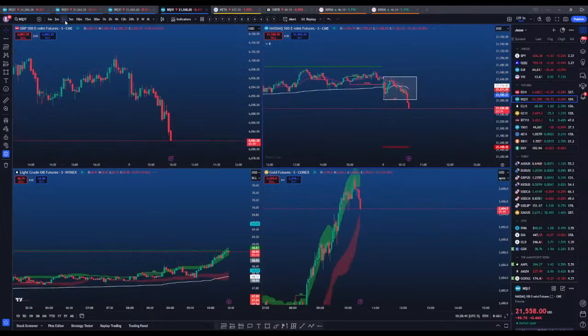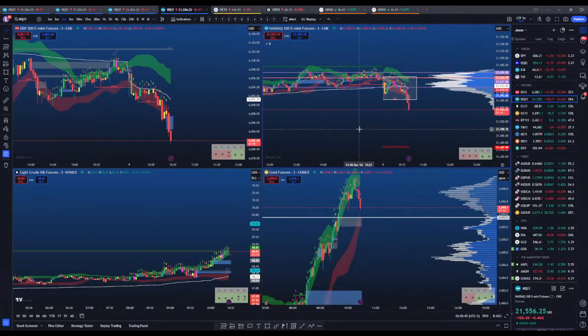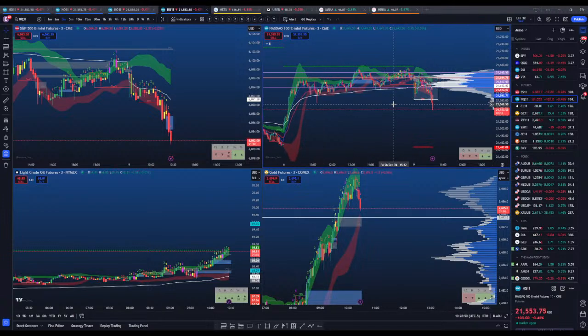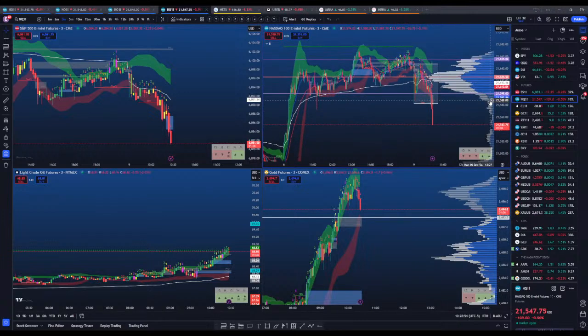Nice push. I'm a little bit wary to try to sell right now, even though everything in me wants to. I'm gonna find the bottom here pretty quickly. Could rubber band back up.